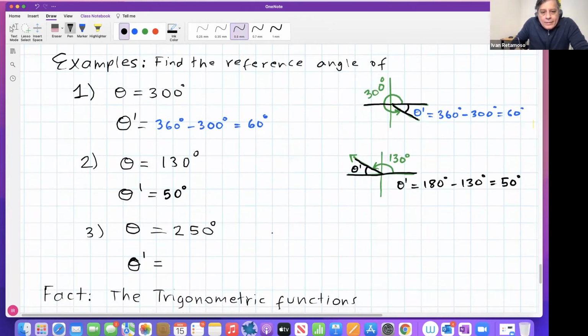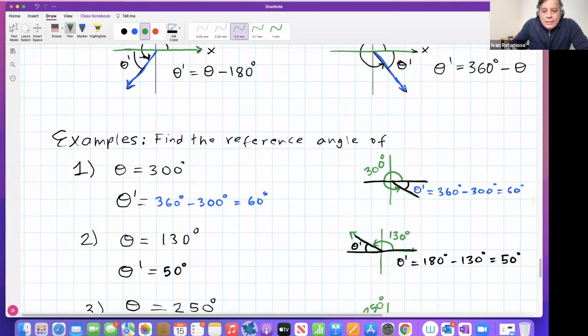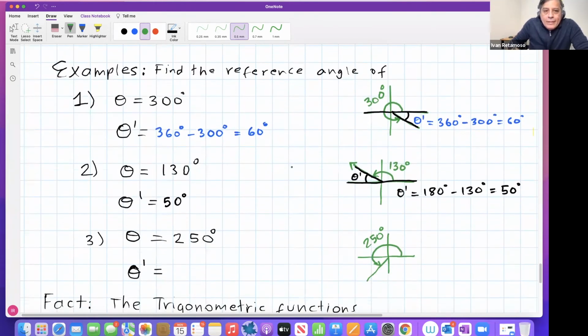What about 250 degrees? Suppose they give you this angle 250 degrees. That angle, not hard to see, is here on the third quadrant, right? When set on an XY coordinate system, 250 degrees. Now, what is its reference angle? Well, you can follow the formula here for quadrant 3, which is reference angle equals given angle minus 180 degrees. Or if you forget the formula, follow the definition. What is the reference angle?